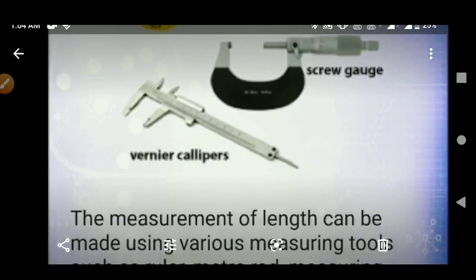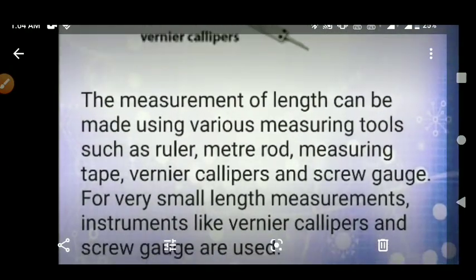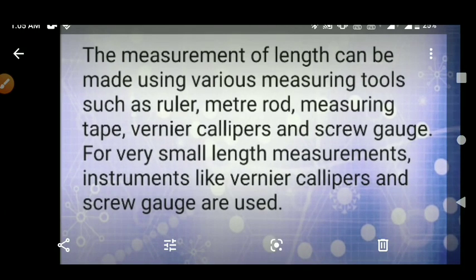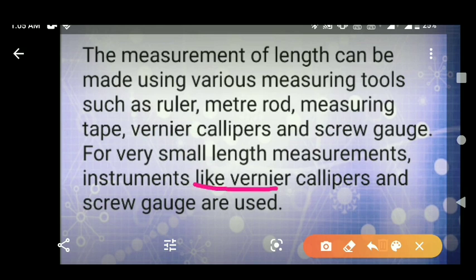The measurement of a length can be made using various measuring tools such as ruler, meter rod, measuring tape, vernier caliper and screw gauge. For very small length measurements, instruments like vernier caliper and screw gauge are used.